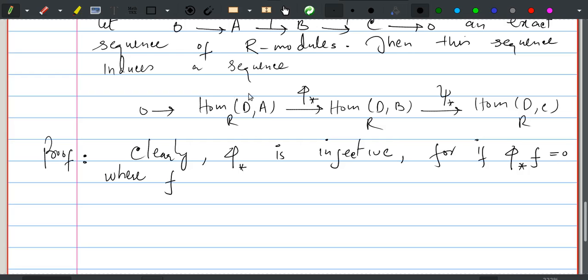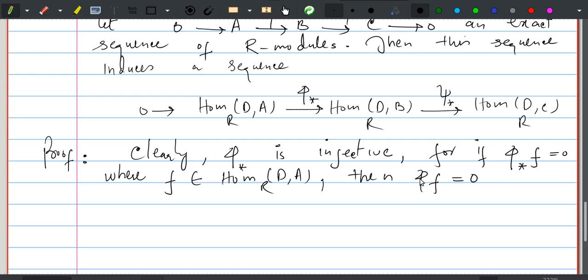F being an element here means F is a module homomorphism from D to A, so F is in Hom(D, A). Now if phi star F is 0, then by definition of phi star, phi star F is the same as phi F, as we have mentioned earlier. Then phi of F is 0. This is the definition of phi star.